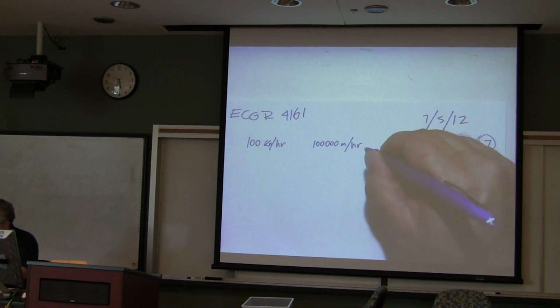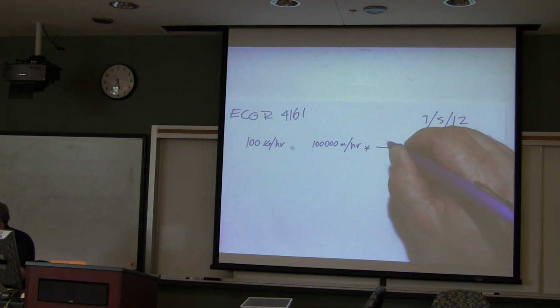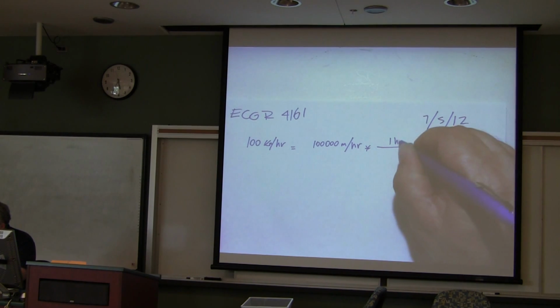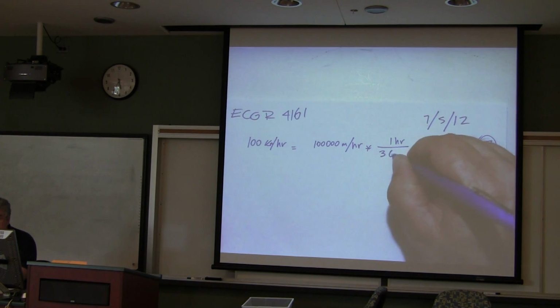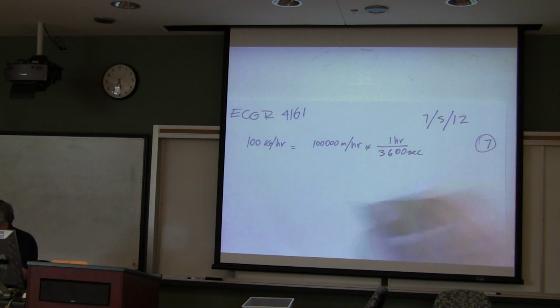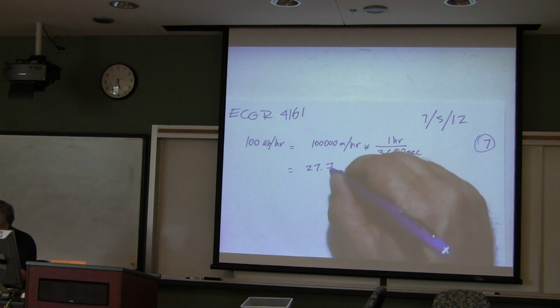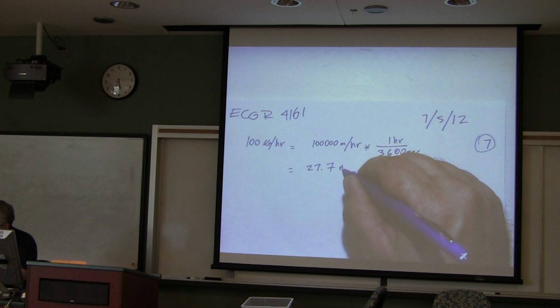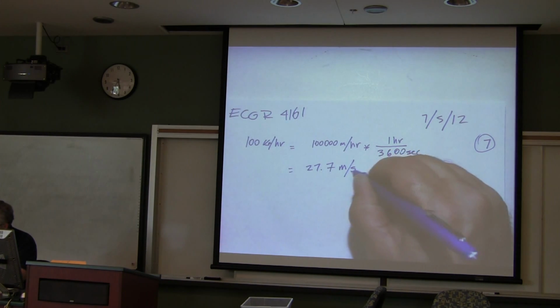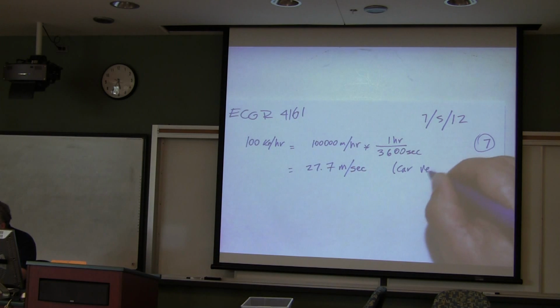And don't forget the conversion: there are 3,600 seconds in 1 hour. So the answer to this is 27.7 meters per second. This is the car velocity.